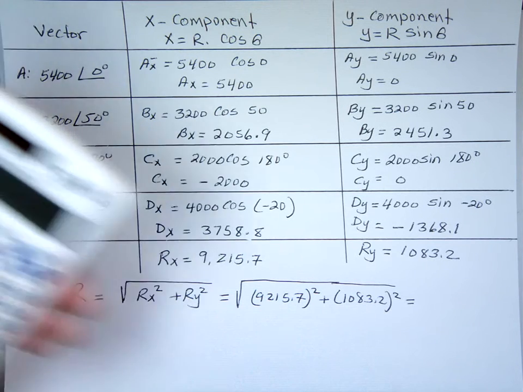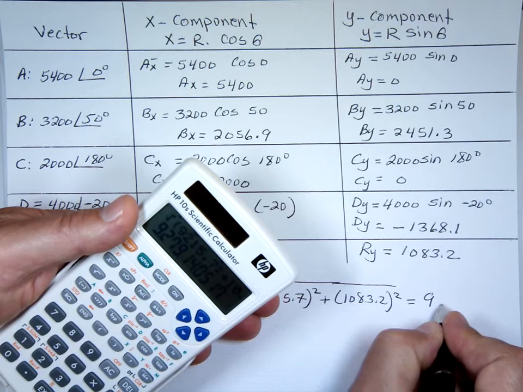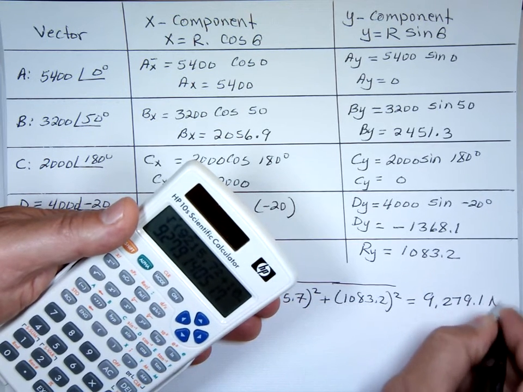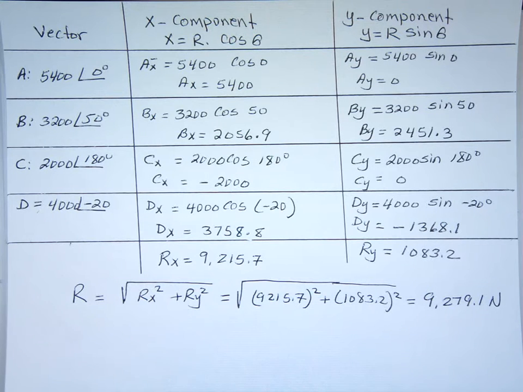I need a big tugboat with the force of 9,279.1 Newton. That's how strong we'll have to be.